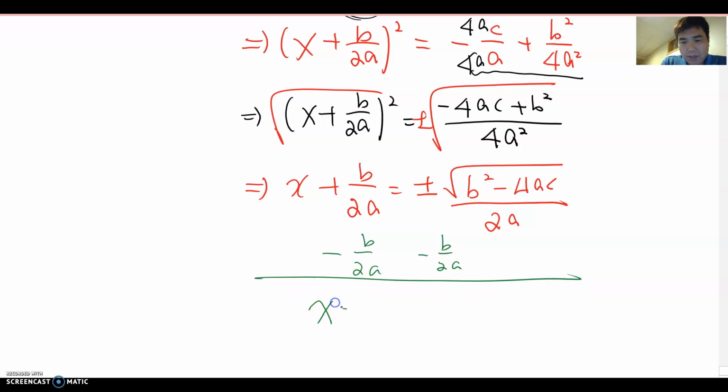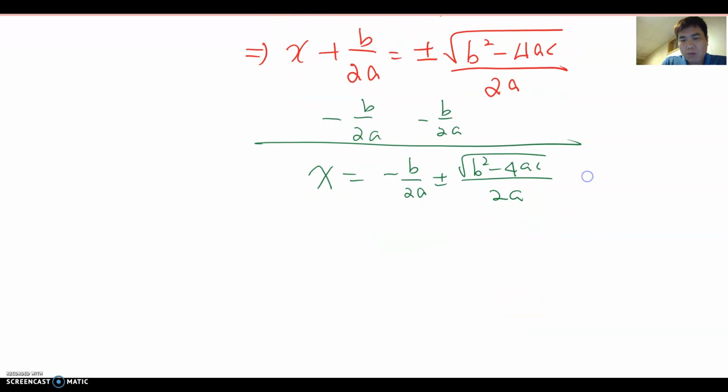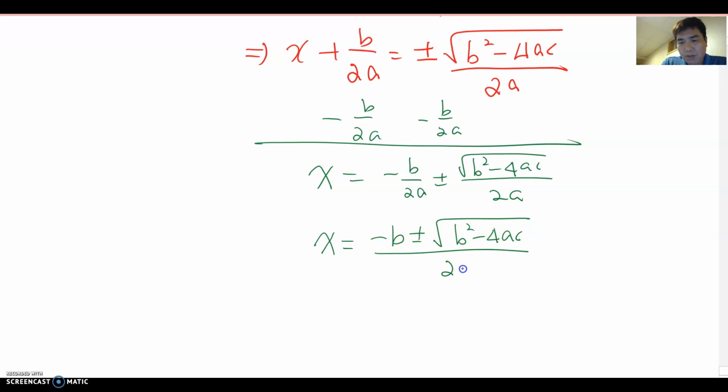Then x equal to negative b over 2a plus and minus square root of b squared minus 4ac over 2a. Since we have the same denominator, you can combine them. Then x equal to negative b plus and minus square root of b squared minus 4ac, over 2a.